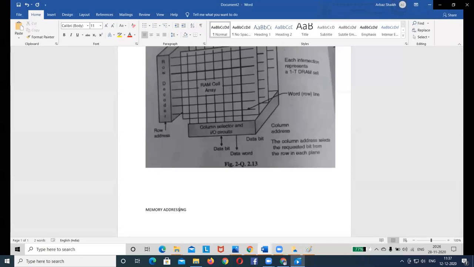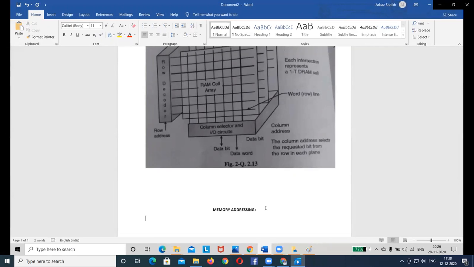In memory addressing, first, what is memory addressing? There are different kinds of memory addressing techniques, which basically access a memory word. Memory addressing basically accesses the memory word.